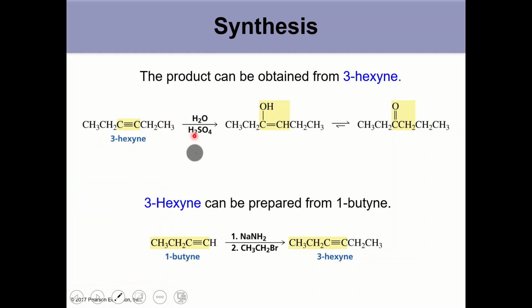And through acid-catalyzed hydration, we can make the desired ketone. The 3-hexyne can be prepared from the 1-butyne by taking sodium amide and ethyl bromide. So this is the exact same series of reactions that I went through on the previous slide. 1-butyne, sodium amide then ethyl bromide, giving the 3-hexyne. The 3-hexyne treated by acid-catalyzed hydration, giving the ketone final product.